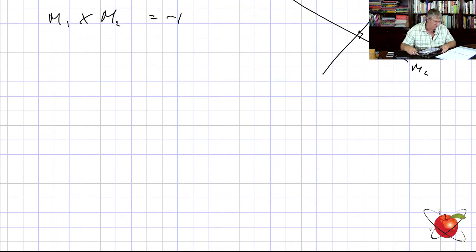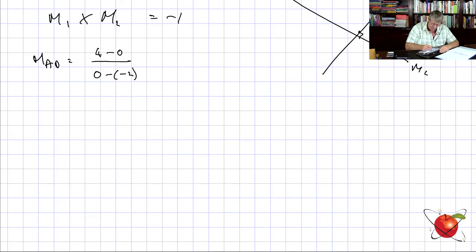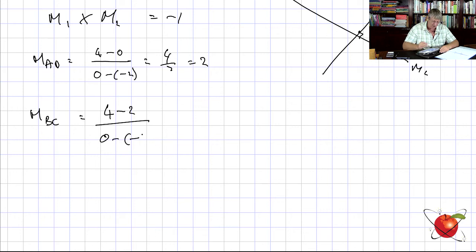First of all, using the gradients, what is m of AB? It's going to be 4 minus 0 over 0 minus minus 2, which is 4 over 2, which is 2. Let us look at the gradient BC. Gradient BC is 4 minus 2 over 0 minus minus 4, which is going to be minus a half.